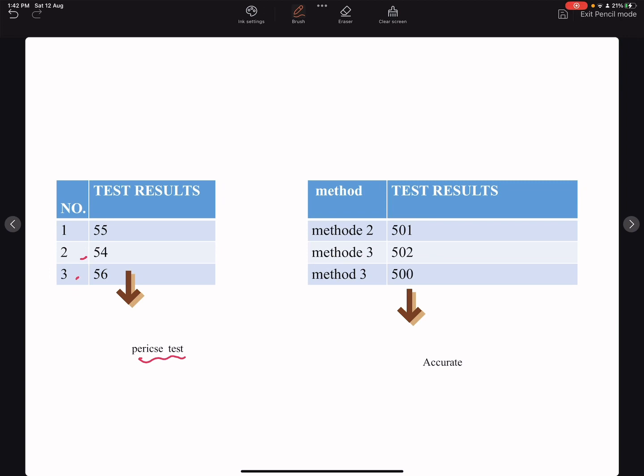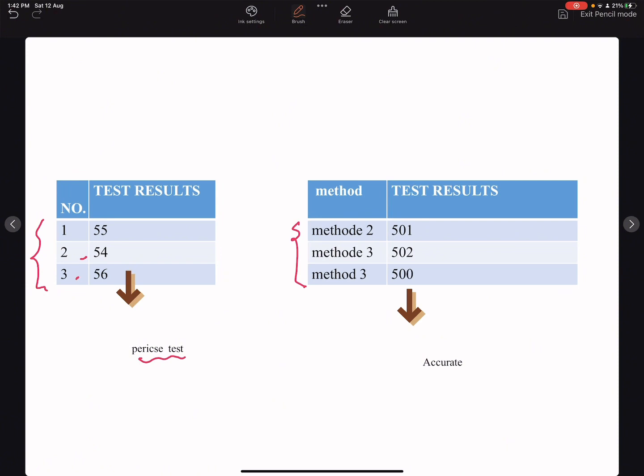While in accuracy, we are not comparing the same method, we are comparing different methods. Here we are comparing different results, but in accuracy we are comparing methods. For example, if we are measuring HIV by ELISA, and we are measuring HIV by Western blot, we want to check the accuracy of the ELISA in comparison with the Western blot.